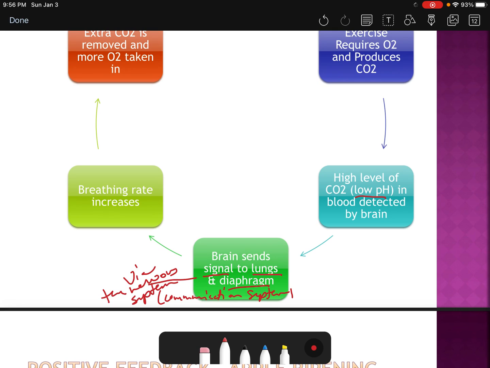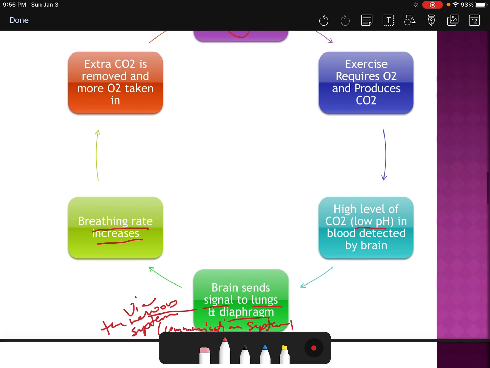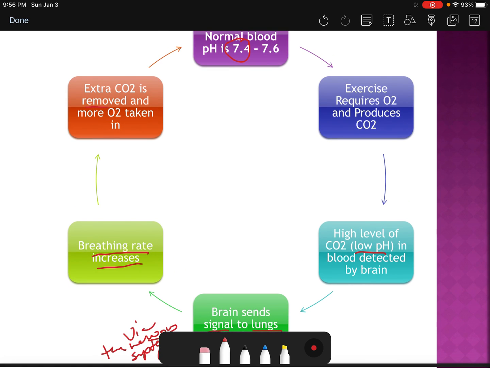And that's going to tell your lungs and diaphragm to start contracting and relaxing, and your breathing rate increases. Extra carbon dioxide gets removed and more O2 is taken in. Okay? And so this will go back and move around the cycle to form that loop.